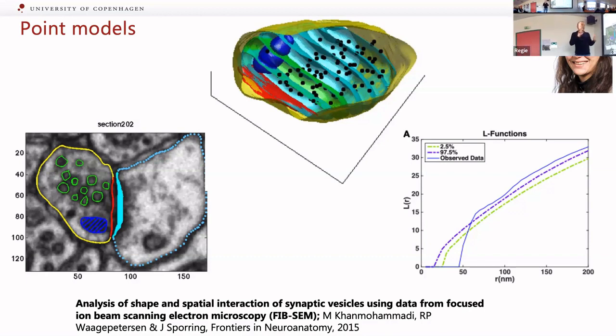So somehow there's something we don't see in these electron microscope images. These vesicles seem to repel each other a little bit, and afterwards there's a bit of an overcount. The green and the blue curves here are null hypotheses, that the points were just random. So we took these weird shapes of cell bodies or cell areas and randomly put points in them.